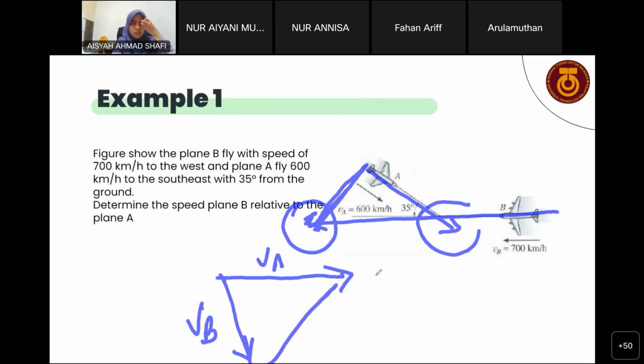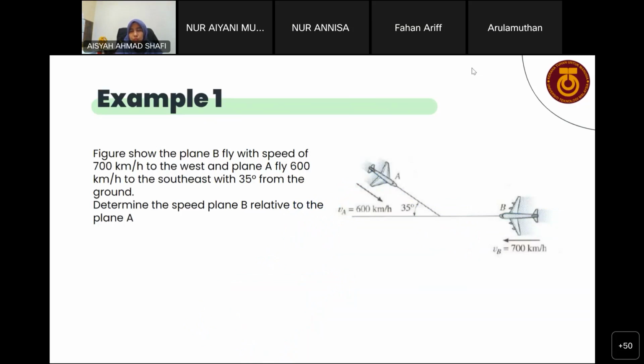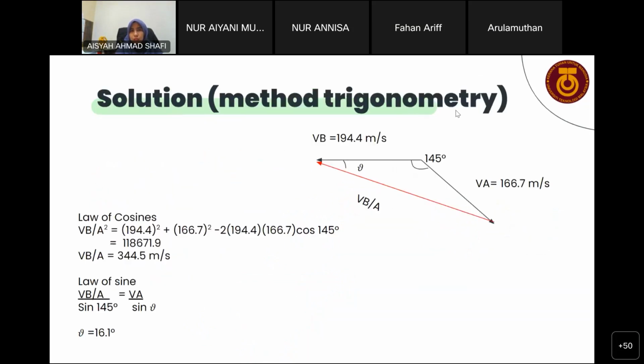So that's why this question needs to be solved with the triangle just now. I hope I answered your question.